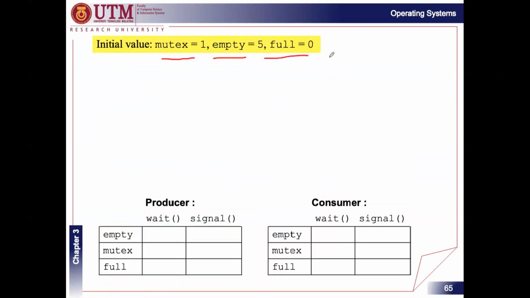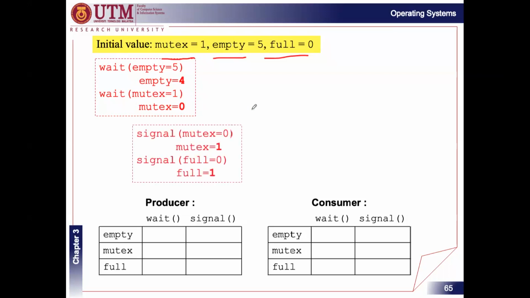So at the beginning, the initial value, next wait empty is 5, wait, and then currently empty is 4, and then wait mutex is 1, so minus, and then put 0.